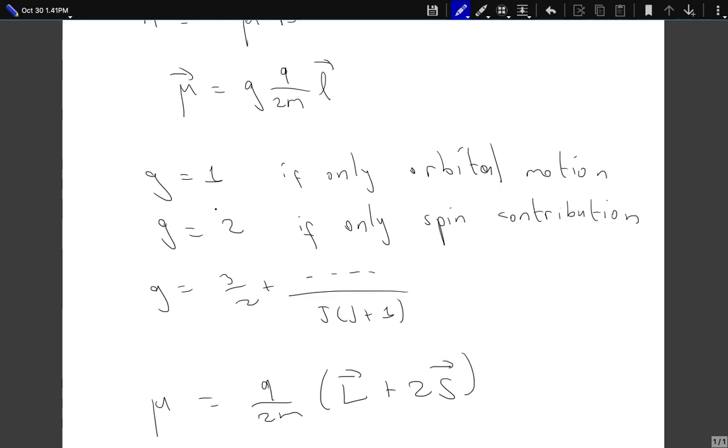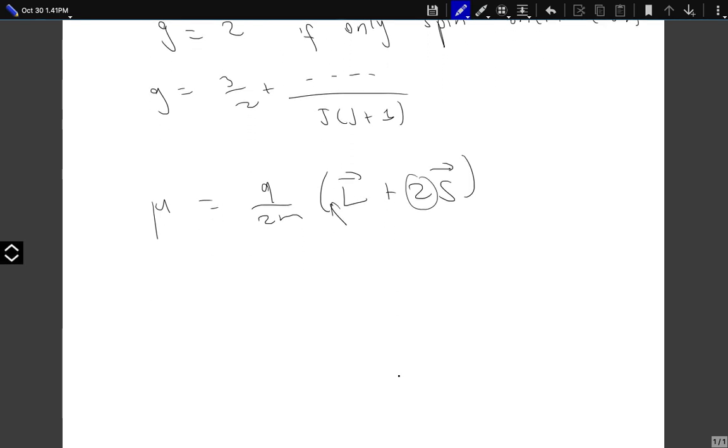So the coefficient of L is 1, the coefficient of S is 2. There are small corrections to these coefficients, 1 and 2. But this can be written also as Q over 2m times J plus S. The magnetic dipole moment operator is not proportional to J only.